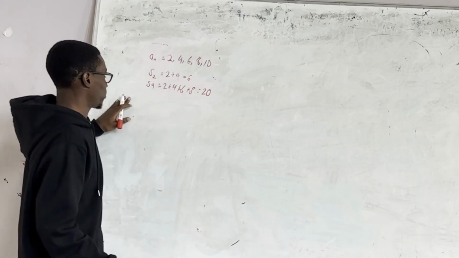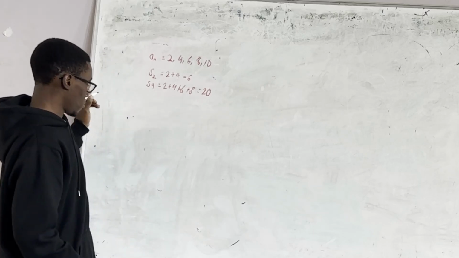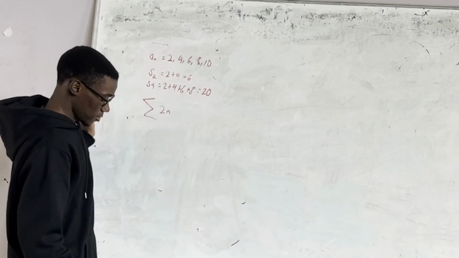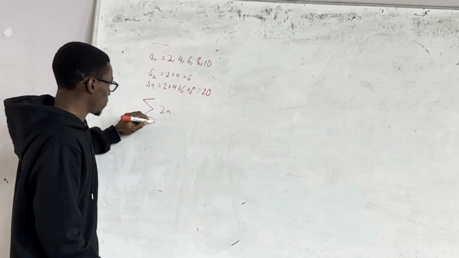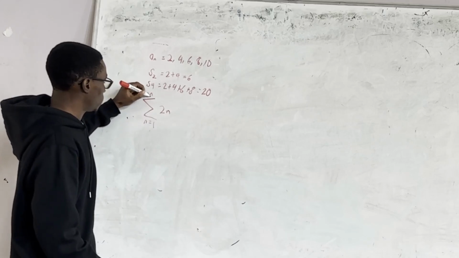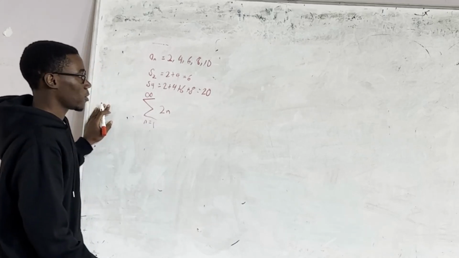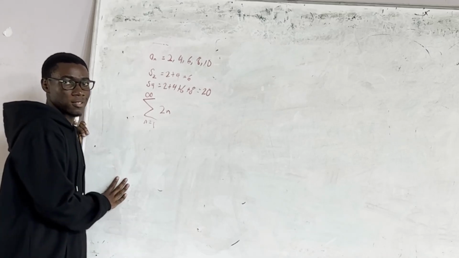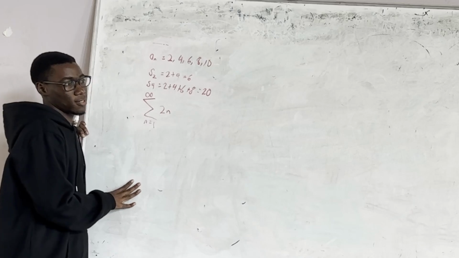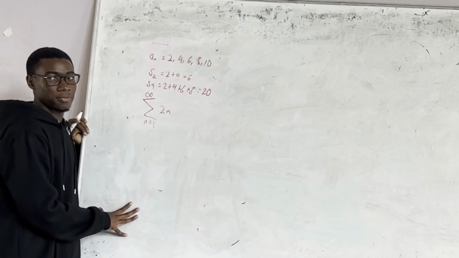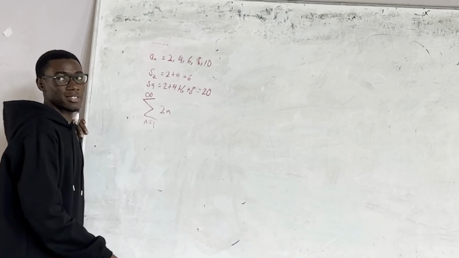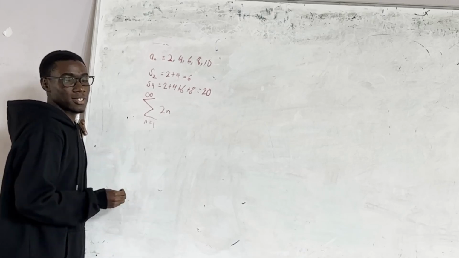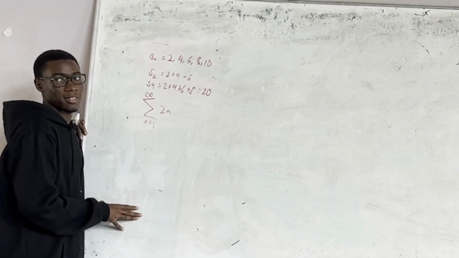I'm going to look at 2n from n is equal to 1 to infinity. Another concept I've forgotten is finite and infinite series. A finite series is a summation of elements in a sequence that are limited, and an infinite series is a summation of infinite terms, like unlimited terms.